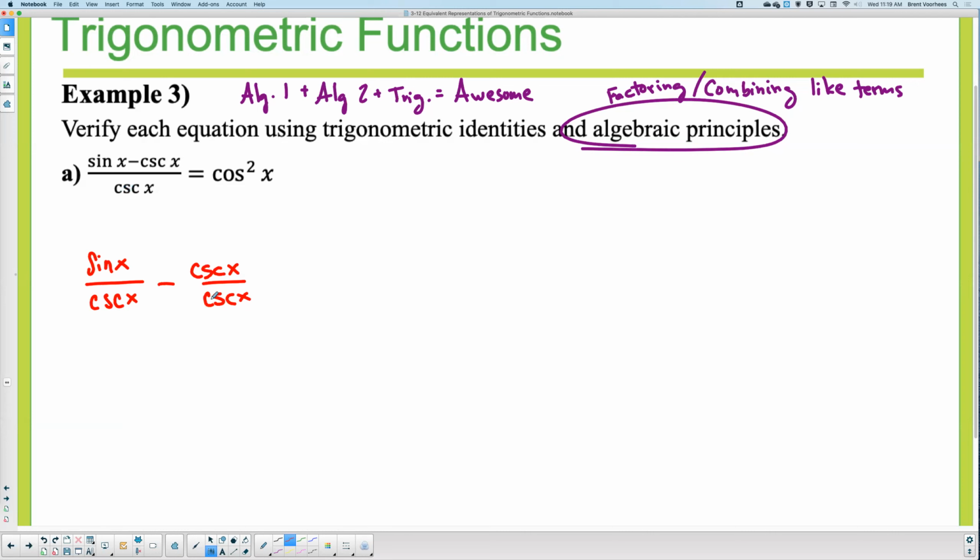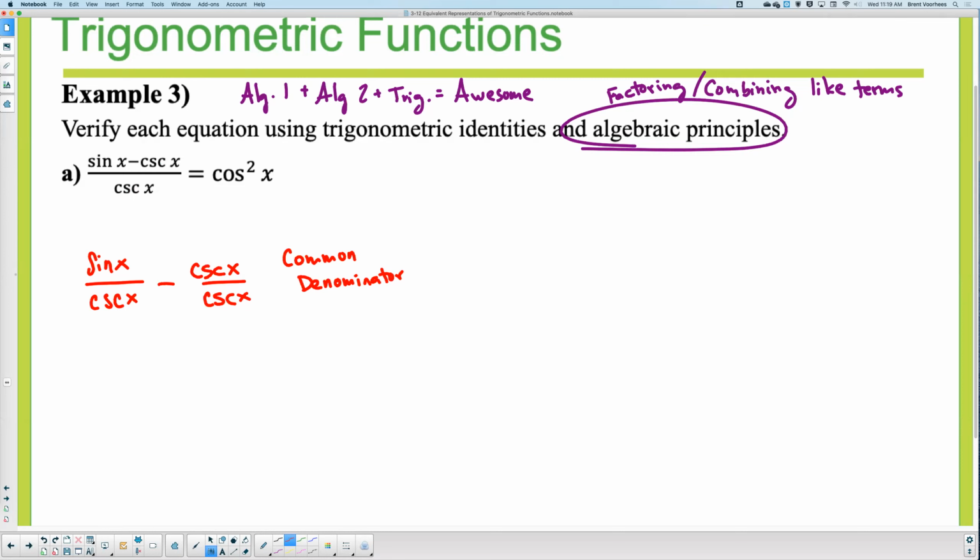What I did here is I broke apart the fractions. They have a common denominator here. I'm just going to say common denominator as the step here. So I do that step.